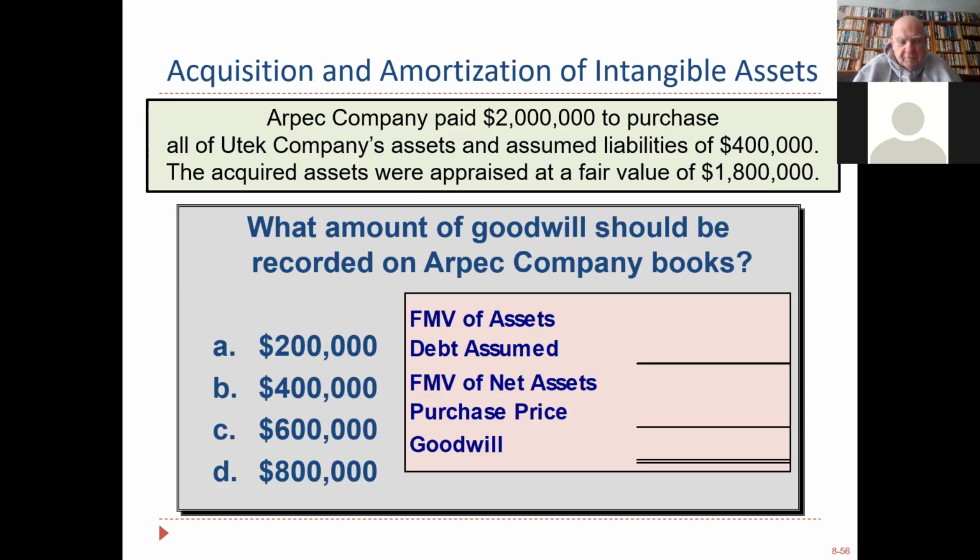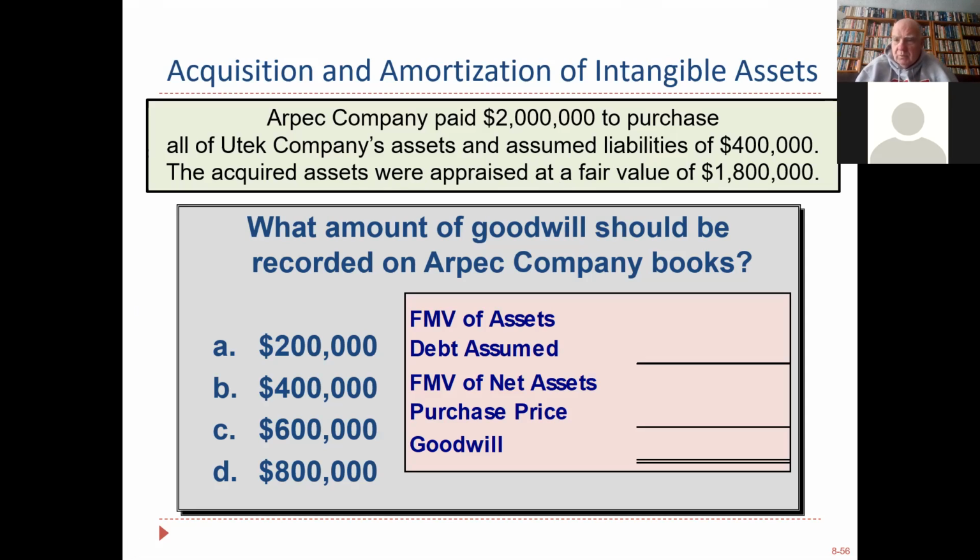But here's the key difference. The acquired assets were appraised at a fair value of $1.8 million. Well, that's what RPEC is going to put on their books, but UTEC might have only had $1 million on their books because they were not allowed to increase their assets to the fair market value.